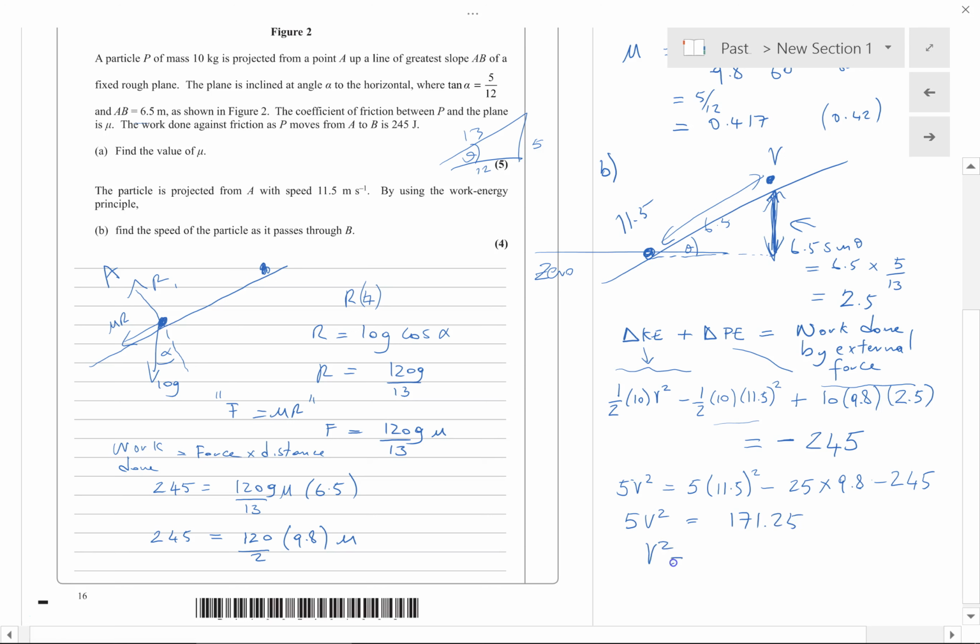So we've got to divide that by 5. We get 34.25 and take the square root of that. 5.85 to 3 significant figures, or 5.9 is the other acceptable answer here.